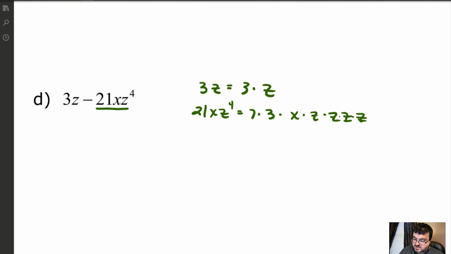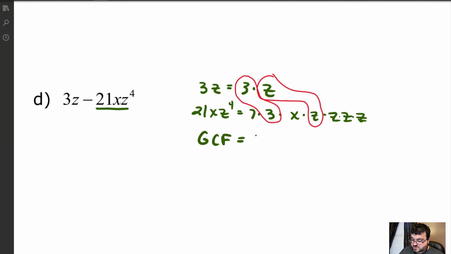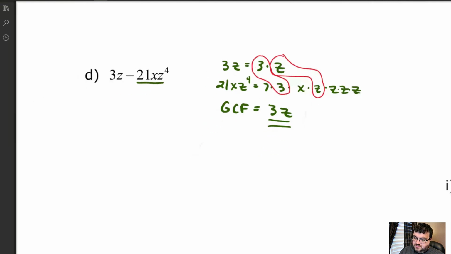I do see that a 3 is in common, and 1 z is in common. So I see my GCF is going to be 3z. No x's are in common because there's no x in 3z. So only 3z is my GCF, and that's what I want to factor out.